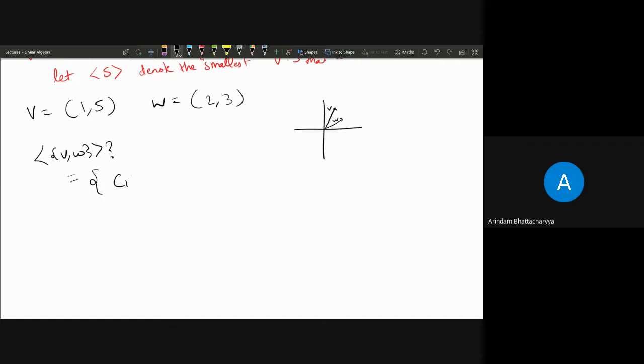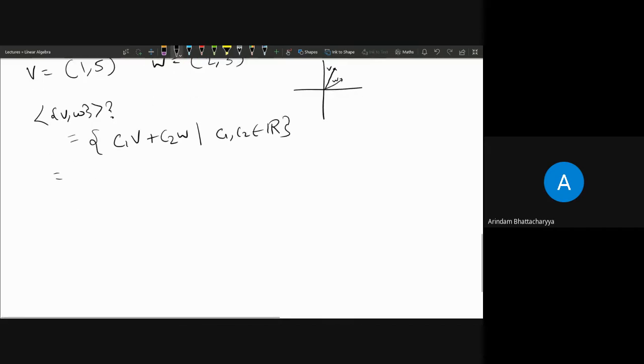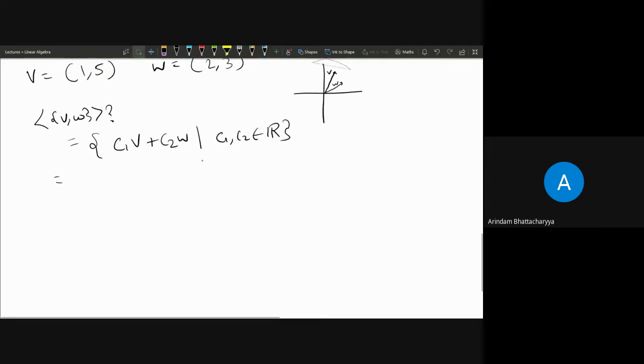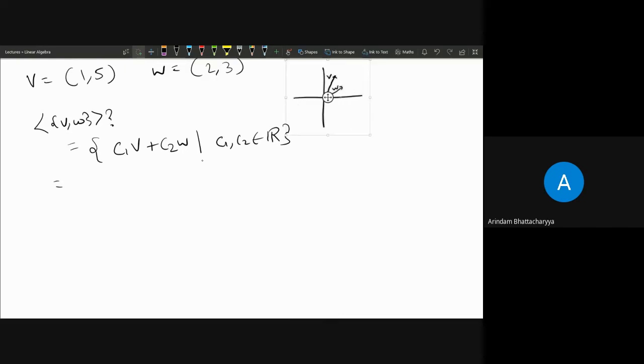But can you tell me a more explicit form of this? So everything so far makes sense, right? Anything anyone wants me to go over again? Yeah, this is in fact the whole set of points in the plane. Exactly.